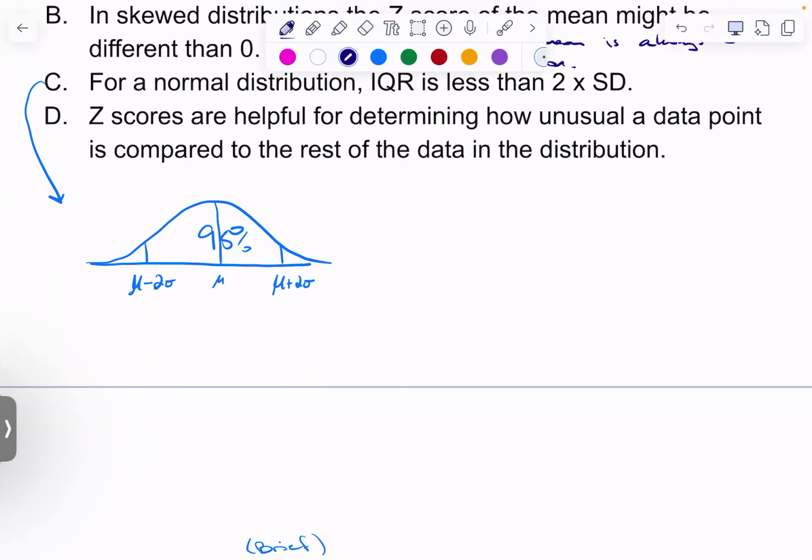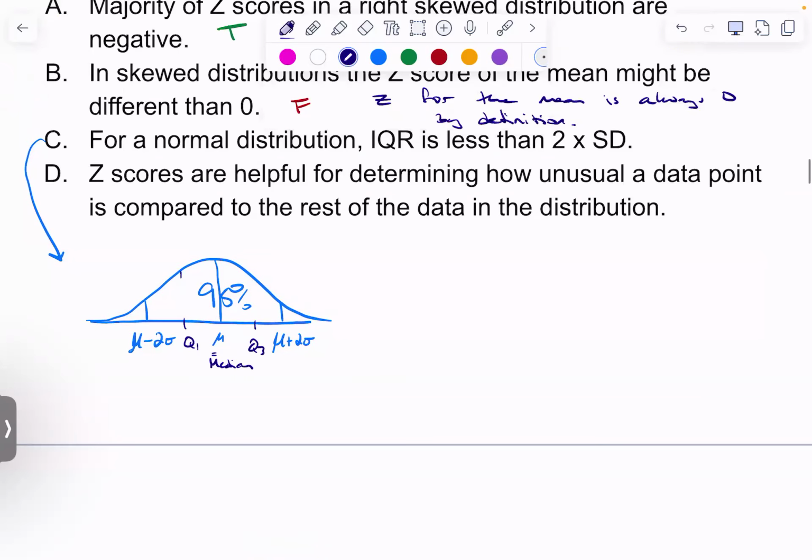Here, this is the median, and in a normal distribution the mean is the median, so it still counts. And if I go from Q1 to Q3, that distance is the interquartile range. And I know it's shorter because this is 50% by definition.